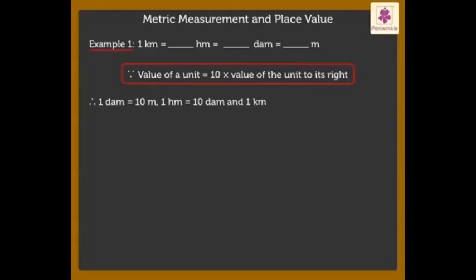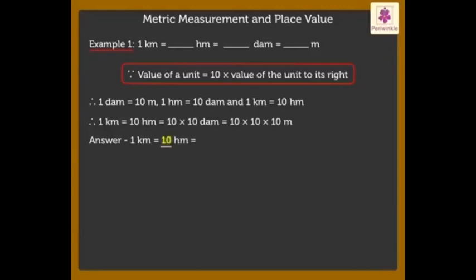And 1 kilometer is equal to 10 hectometers. So we get 1 kilometer is equal to 10 hectometers is equal to 10 into 10 decameters is equal to 10 into 10 into 10 meters. Thus, we get the relation as 1 kilometer is equal to 10 hectometers is equal to 100 decameters is equal to 1,000 meters.